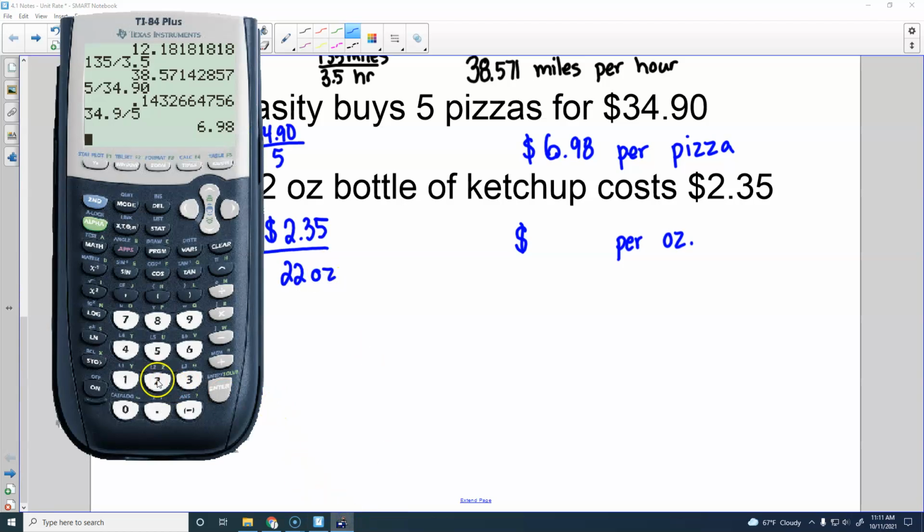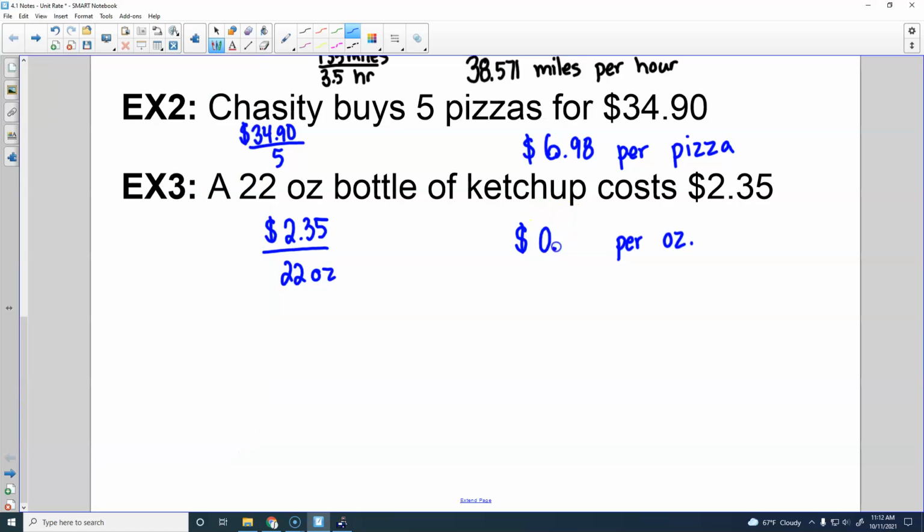So $2.35 divided by 22 ounces is going to give us 0.1068. So I'm going to just go 11 cents per ounce since we're talking about money here. But although when we're comparing, we might really want to keep more. We're going to see where this would be important to us here in just a moment.